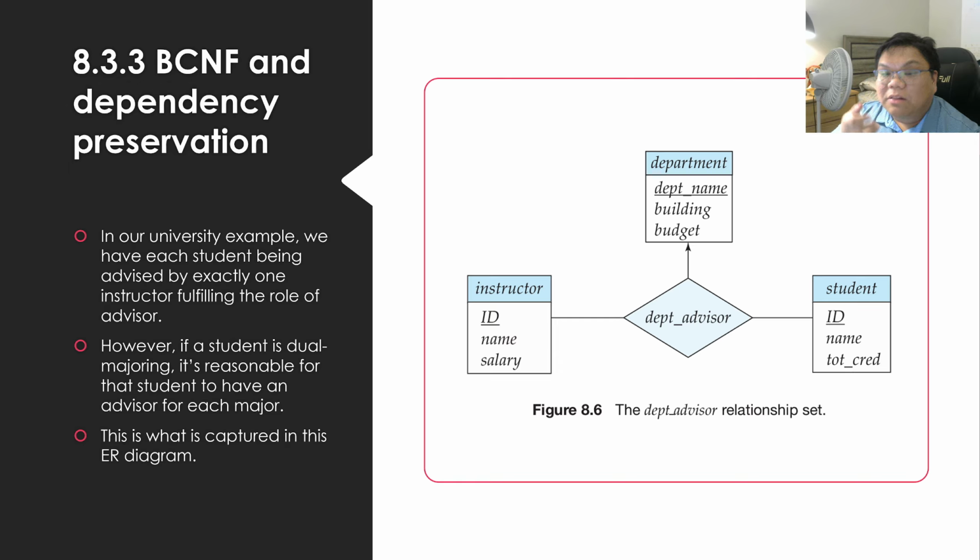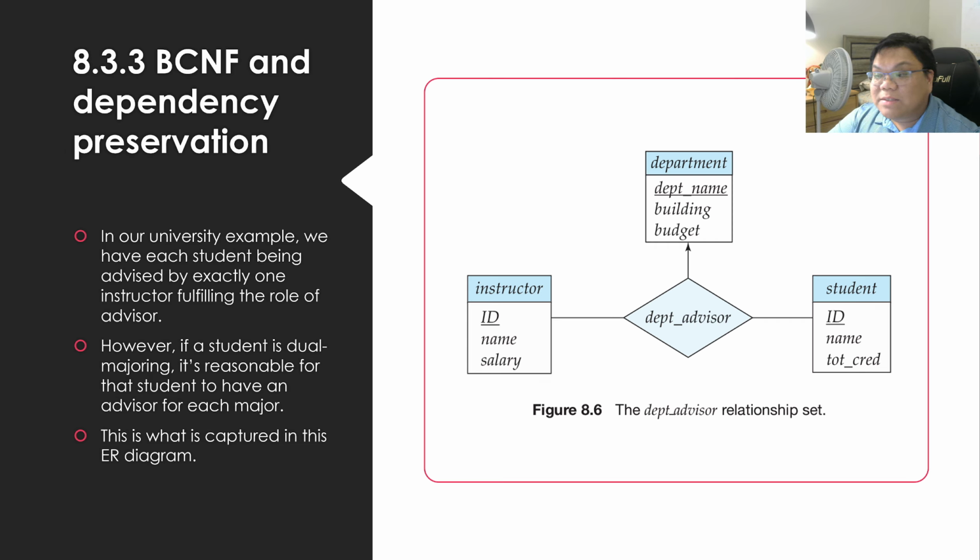However, it's reasonable to expect some students to be dual majoring. So we would expect that a student who is dual majoring in, say, two different majors, computer science and music, would need an advisor for both departments. One for computer science, one for music.